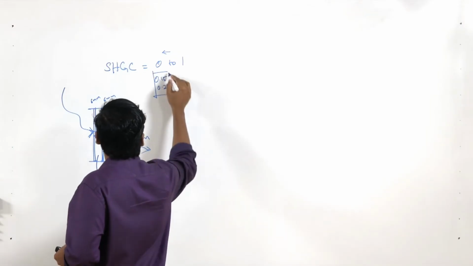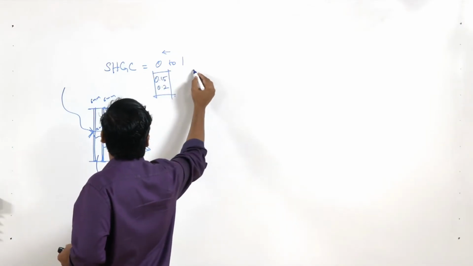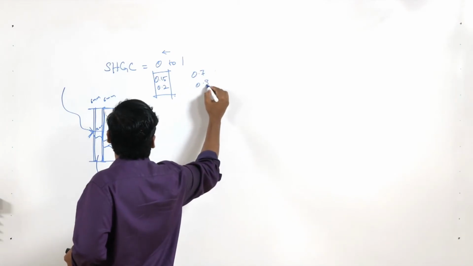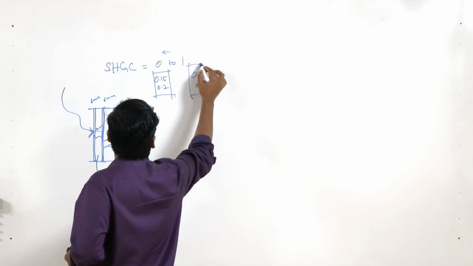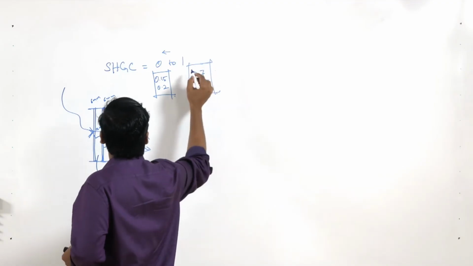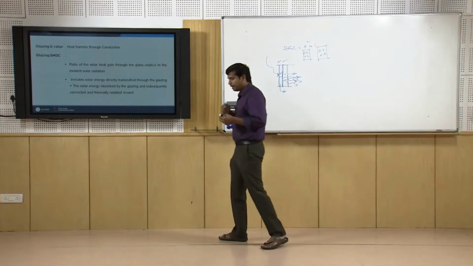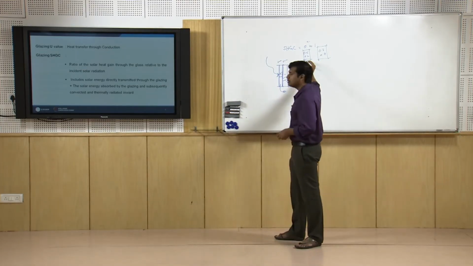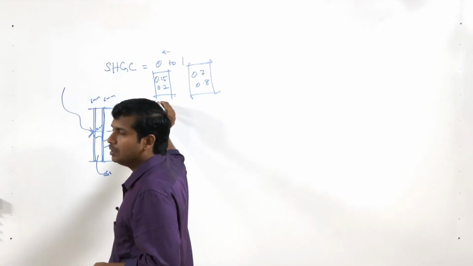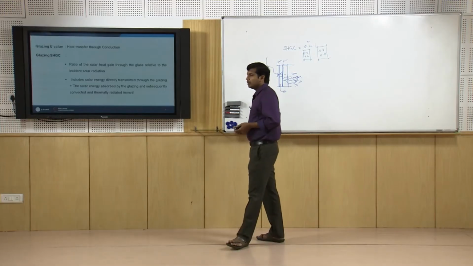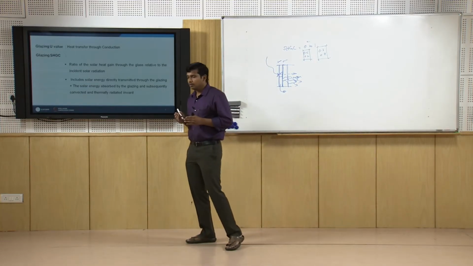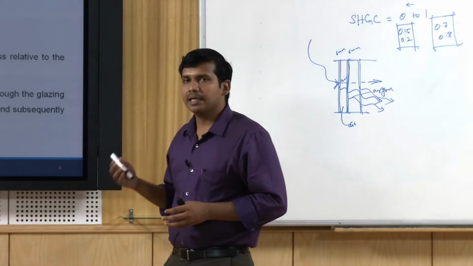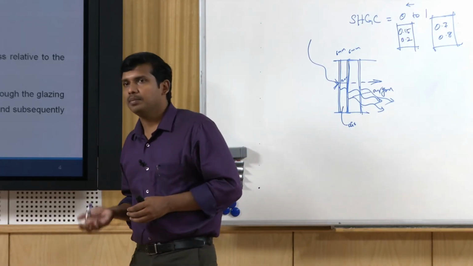This will be an efficient system, versus something like 0.7 or 0.8 for a single clear glazing system, which means a greater amount of radiant heat is transmitted into the space compared to the efficient glazing system. So how does it matter? Imagine you are designing a building in a colder climate, a place like Srinagar, where the ambient temperature is really low and inside you are heating the building.